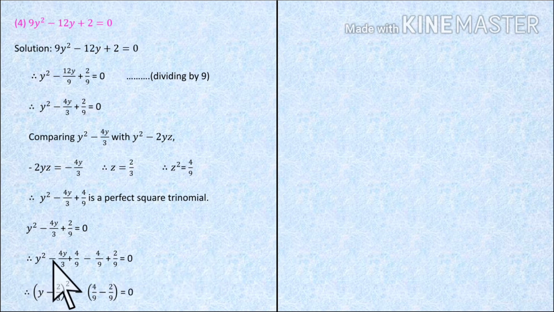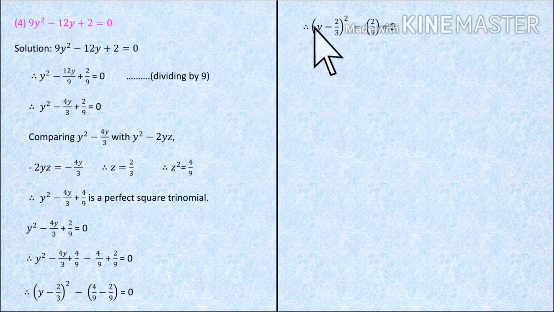(y minus 2 by 3) whole bracket square minus 4 by 9 minus 2 by 9 is equal to 0. Then we will solve the second bracket. Already the denominators are the same, so we can directly subtract 4 minus 2.